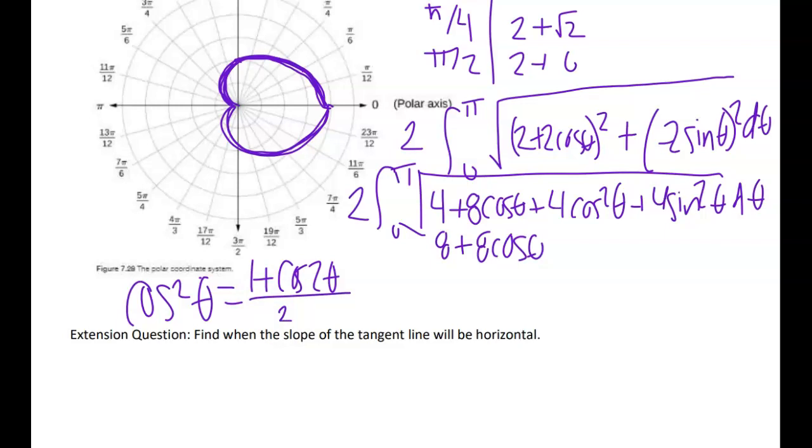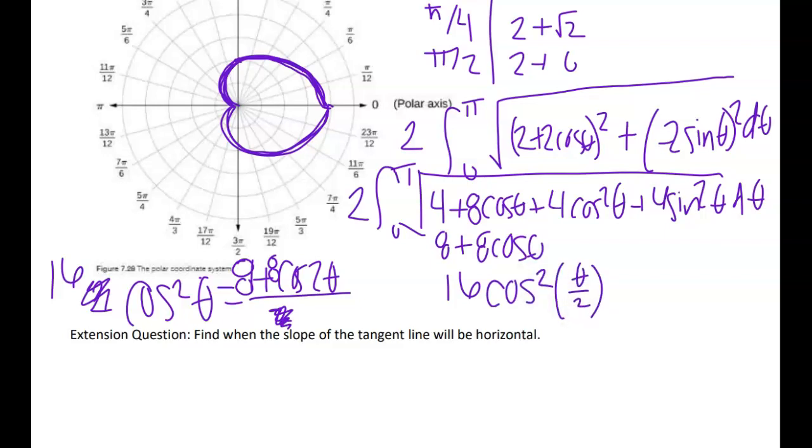And so if I multiply both sides by 8, I'd have 16 here, then I can replace 8 plus 8 cosine theta with 16 cosine squared of theta over 2. And that's something I can take the square root of, right?